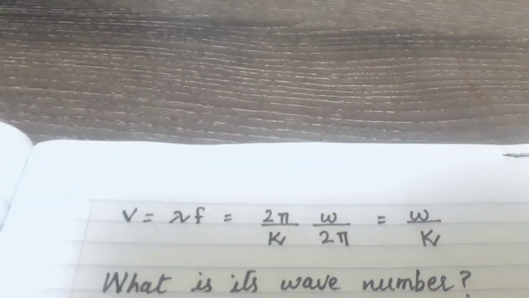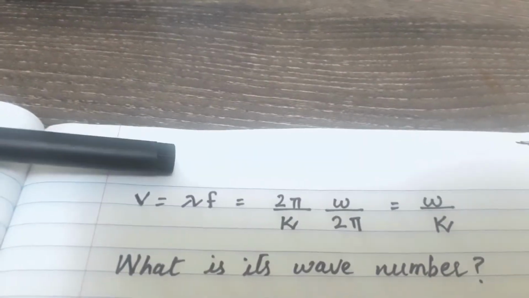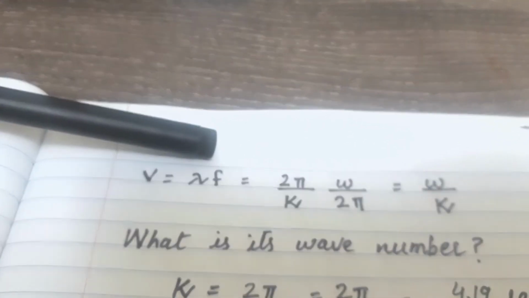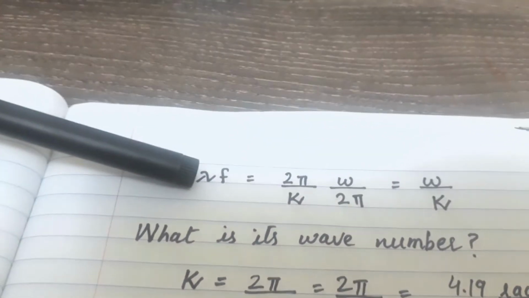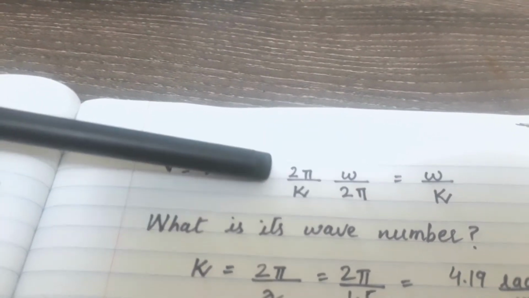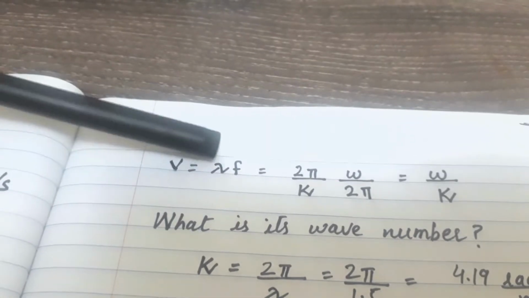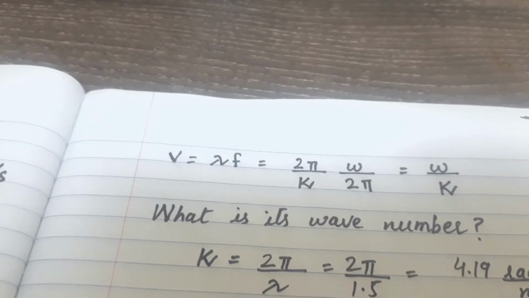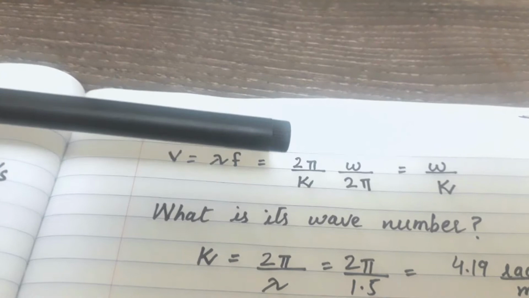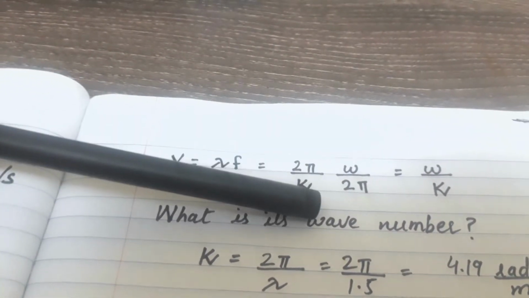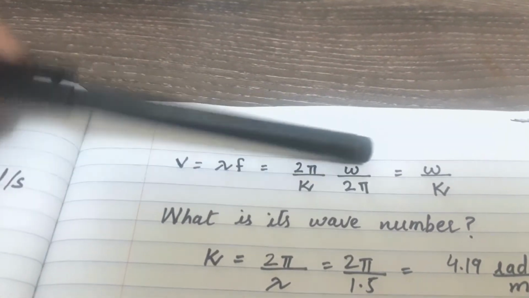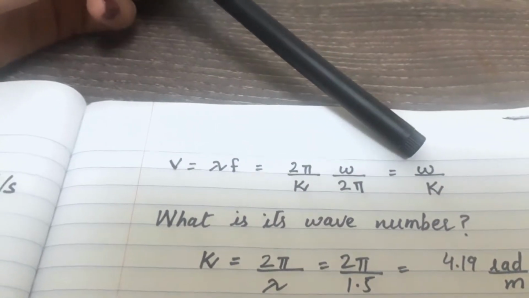The way I know that my speed is equal to angular frequency over wave number is that I know that my speed formula is wavelength times frequency, and I can find the wavelength by rearranging the wave number equation, so I get 2 pi over k, and similarly I can find the frequency by rearranging the angular frequency equation, where I get that frequency equals angular frequency divided by 2 pi, and if I multiply both of them together, my wavelength and frequency formula, then I get angular frequency over k.